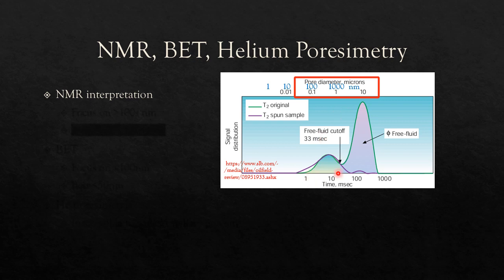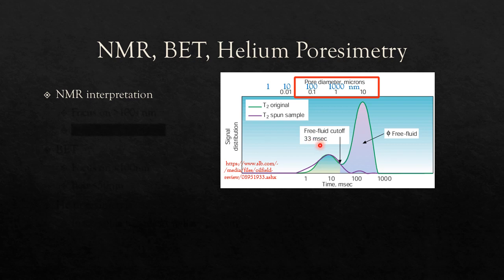And you can see in this plot the signal only spans from a millisecond to beyond, and they were matching the pore diameter of tenths of nanometer to 100 nanometer and beyond. And the free fluid cutoff is at 33 milliseconds.